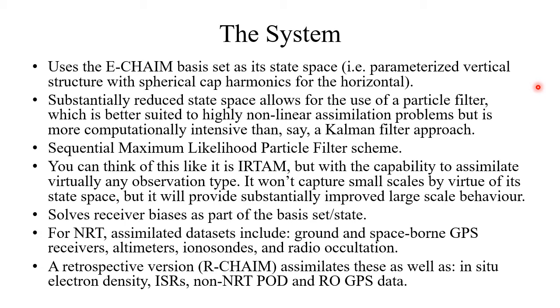This substantially reduced state space, in comparison to, say, using voxels, allows us to use particle filters, which are kind of the ideal assimilation framework for assimilating in highly nonlinear systems.